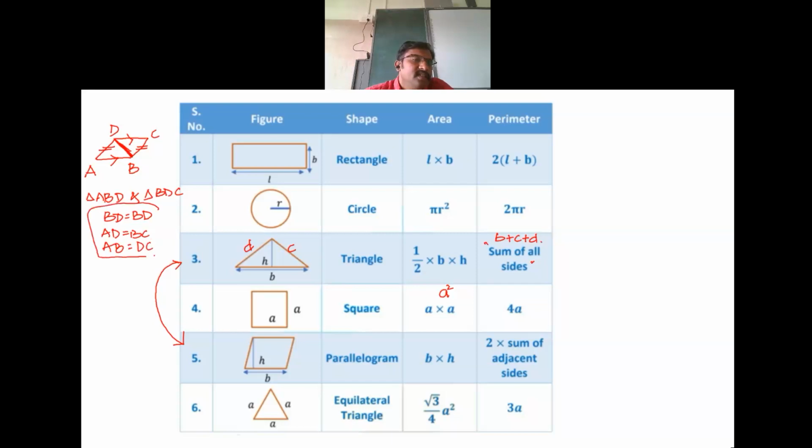By SSS congruence criteria, we can say that the triangles are congruent. And you must know that if two triangles are congruent, their areas will be equal. Area of triangle ABD will be equal to area of triangle BDC.